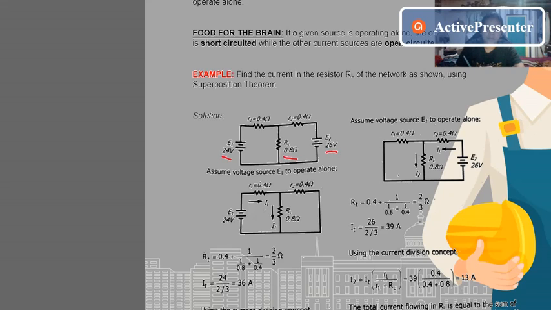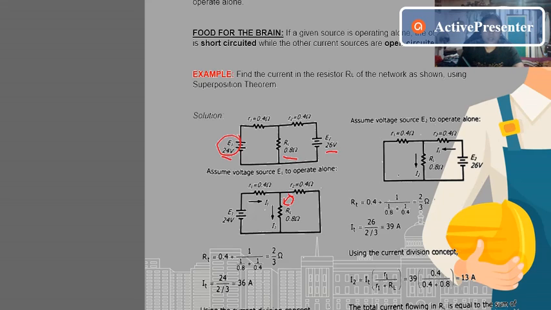Take note. So, nag-assume ta ng atong voltage source E1 to operate alone. So, sa E1 nato, our R total or the total resistance is ang kaning R1 ug RL, pwede nato ni siya i-parallel kaning duha.